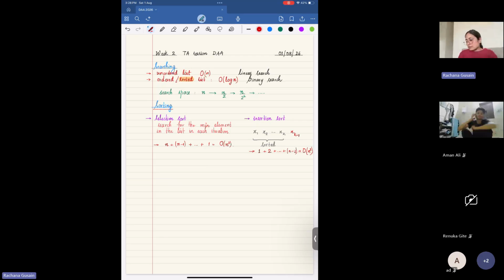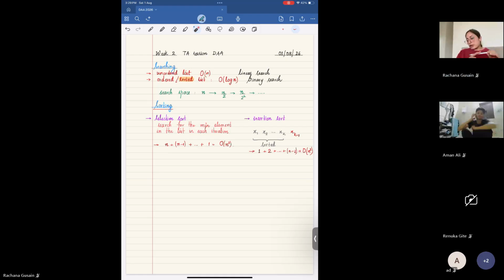Now, in selection sort also, after every iteration, if you look at the first few elements of the array, they are sorted, right? So let's say after k iterations, we know that x1, x2 up to xk are sorted. Same happens in the insertion sort also. After every iteration, the prefix of the array, the k prefix, is sorted.